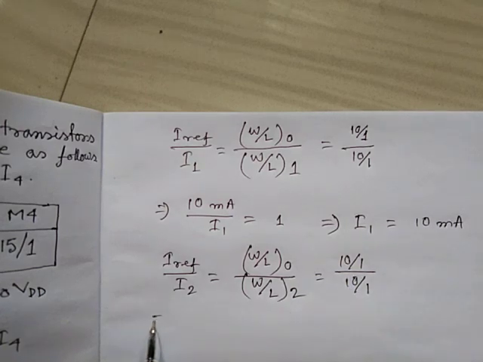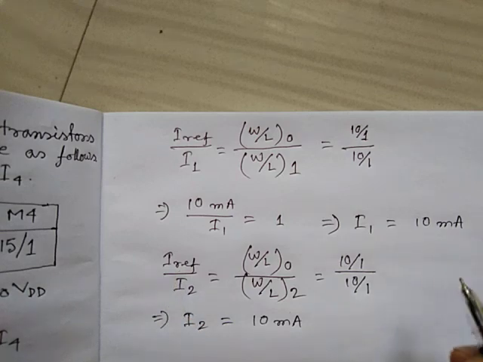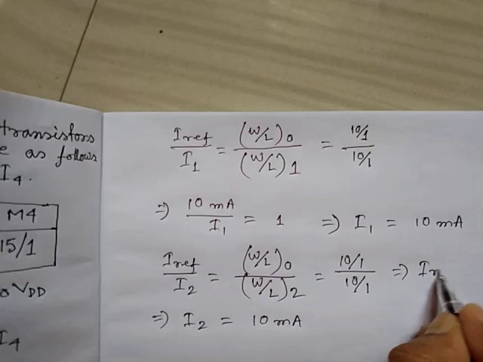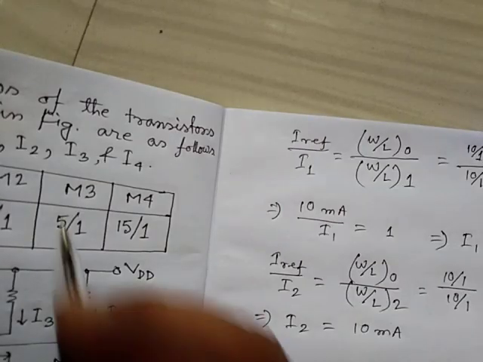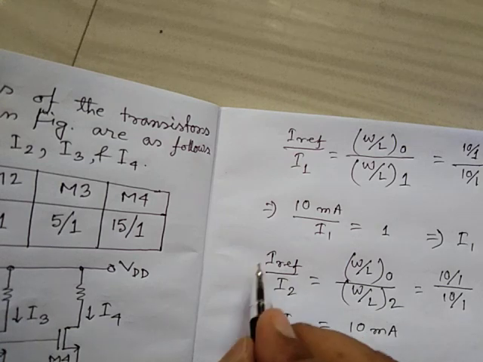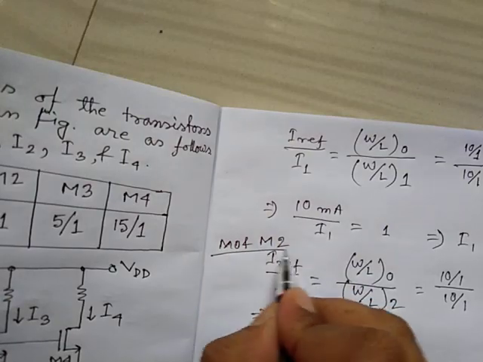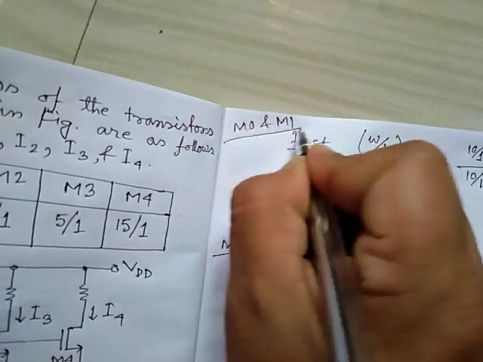So we have found I2 equals 10 milliampere, because I reference equals 10 milliampere. If we simplify this, I reference equals I2. This is for M0 and M2 transistor, and the earlier one was for M0 and M1 transistor.